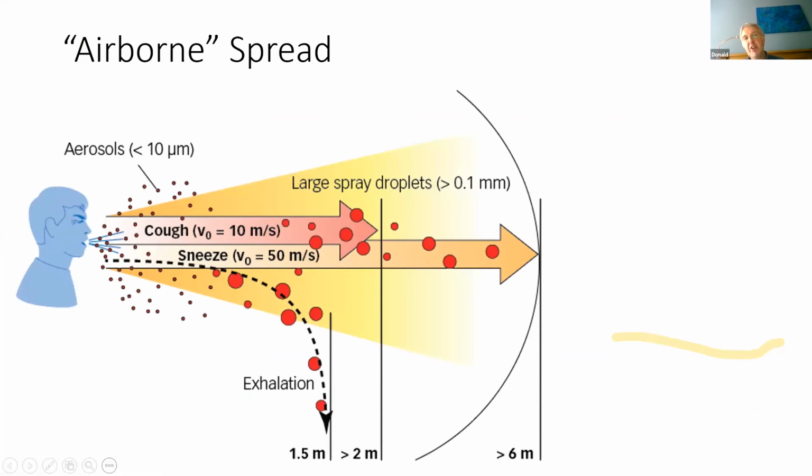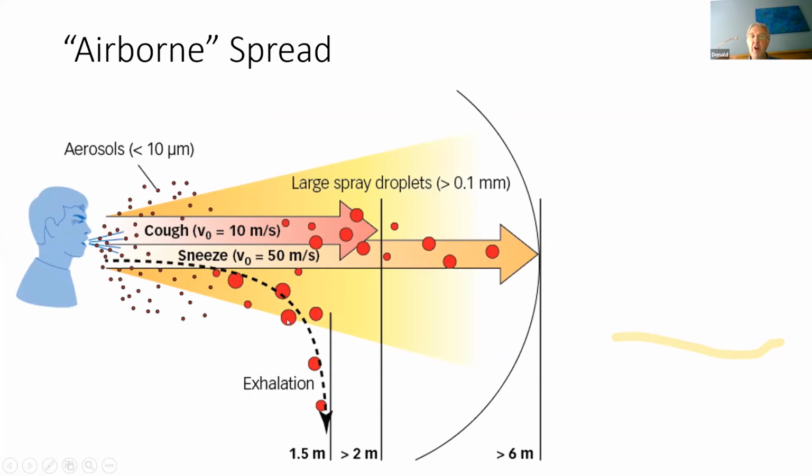Is it airborne spread? If it is, this is the model that you're looking at. Let's look at this, first of all, beginning from the closest. So at the bottom here, you've got 1.5 meters. This is where droplets are, and these are red, big red is big droplets.